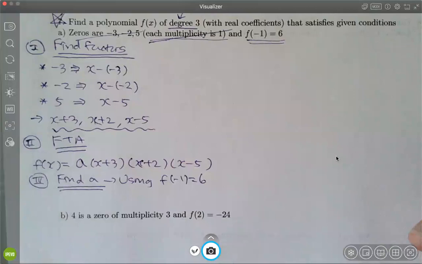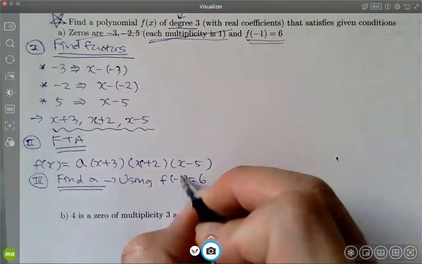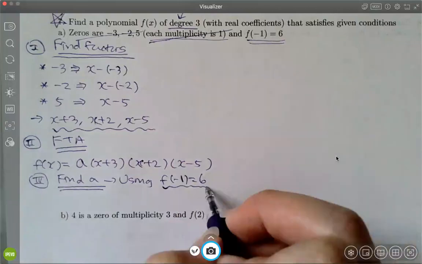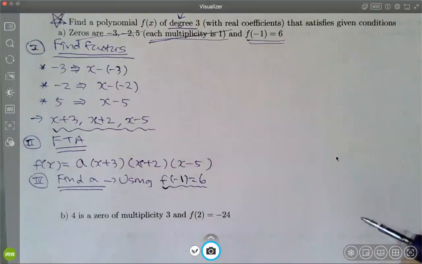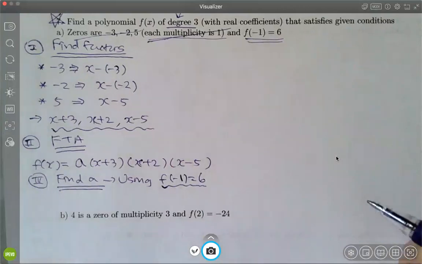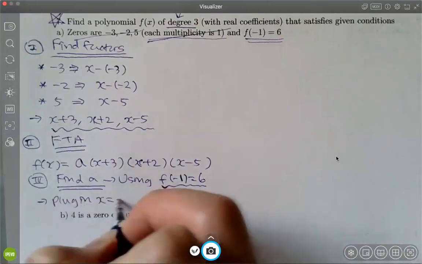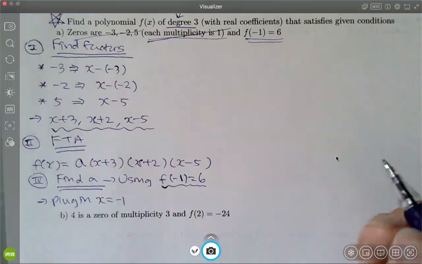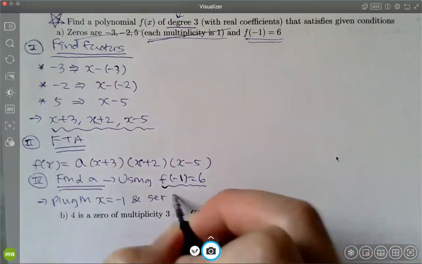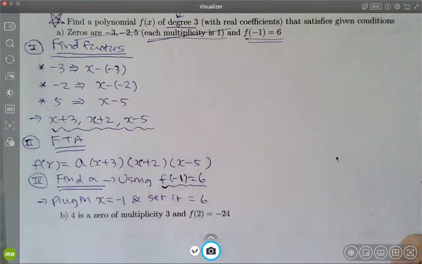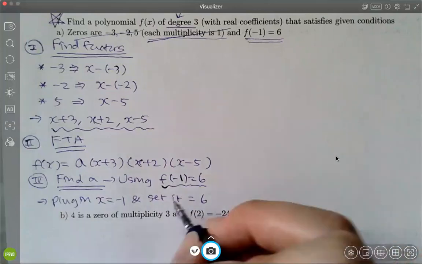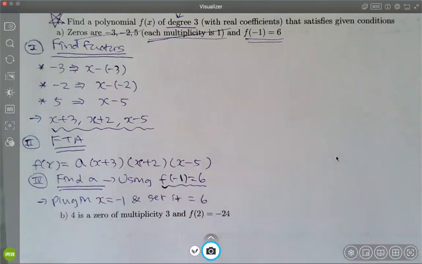Okay, so what does that mean? f of -1 equals 6. That means when x is -1, y is equal to 6, right? So what do you have to do? Plug in x equals -1 and then set it equal to 6, at the end, of course. So what do you get?